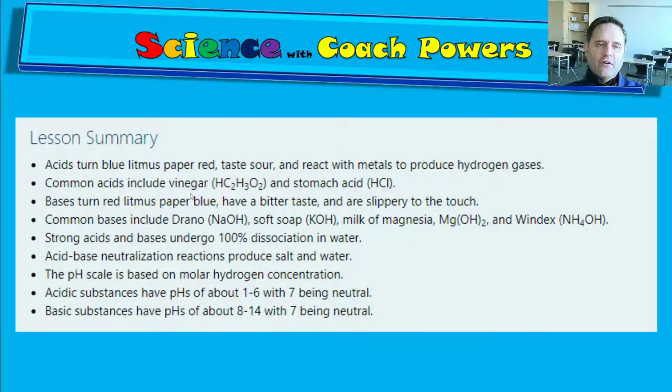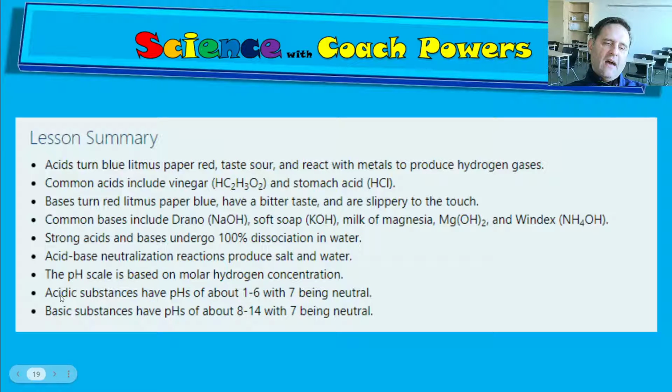We should have learned about indicators, your common acids, and what litmus paper turns into based on what you have. Common bases. Strong acids and bases undergo what in water? Acid-base neutralization reactions. Produces what? The pH scale. You should have a good idea of that. So what's the molar hydrogen concentration?